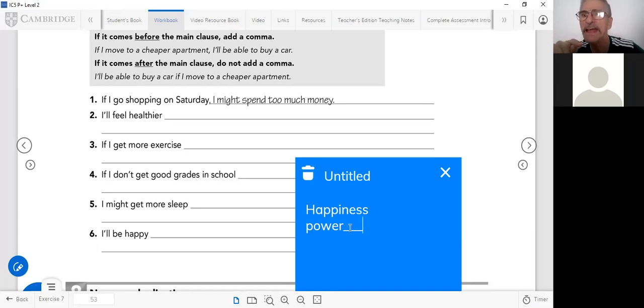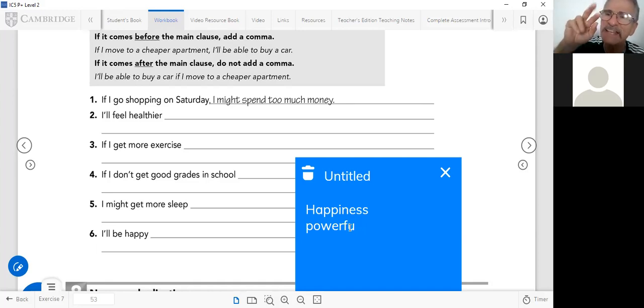Let me help you. The first letter of the suffix is letter F. Power F? No. Okay. The first letter is F. What is the second? U. Then a letter which is repeated.